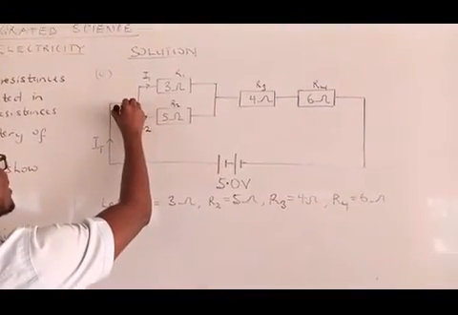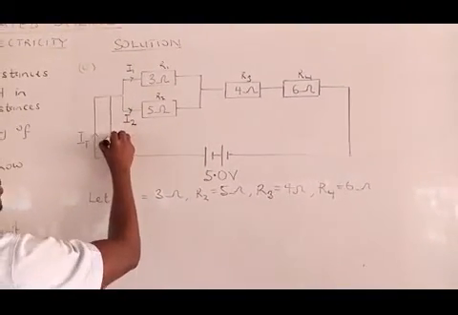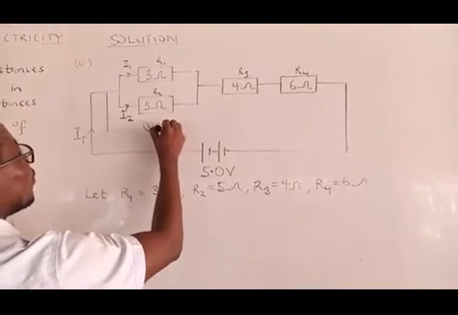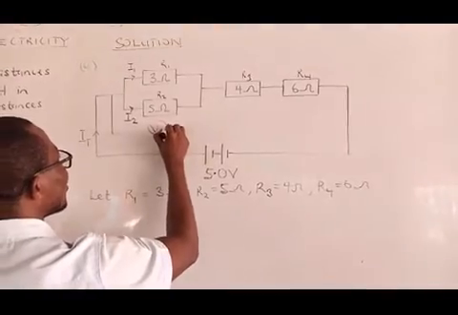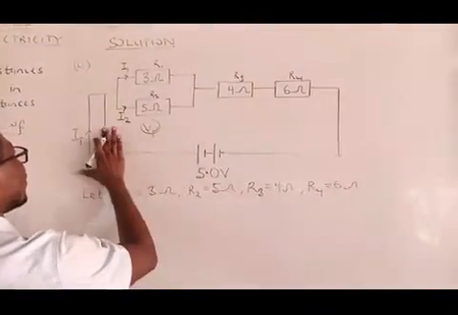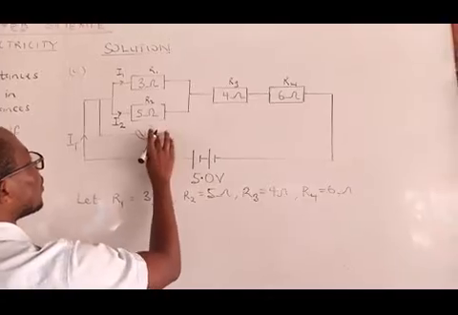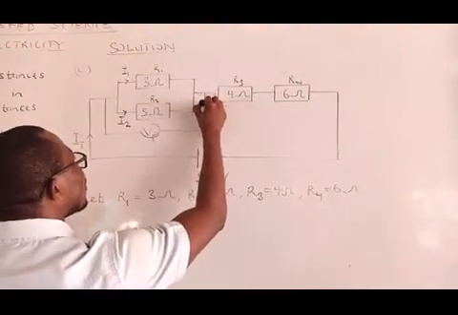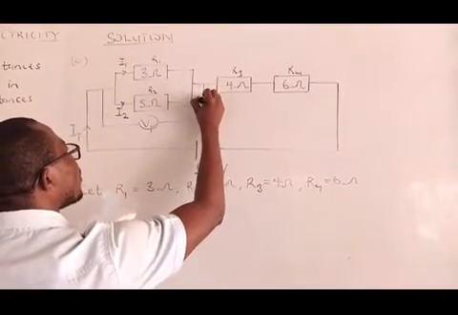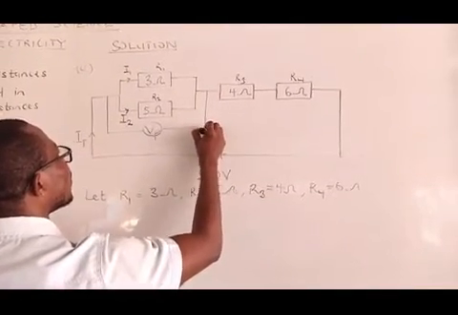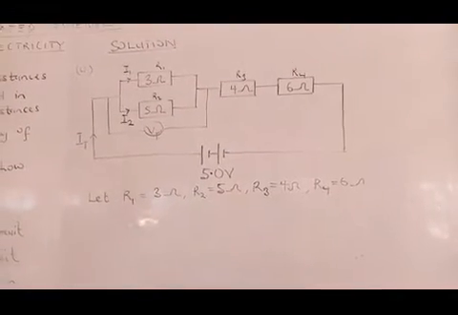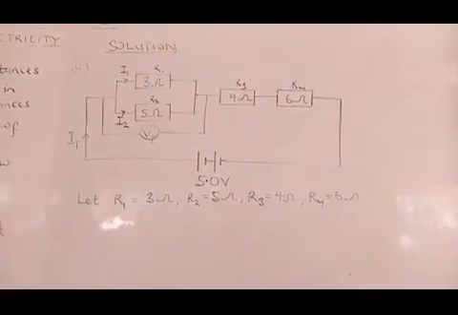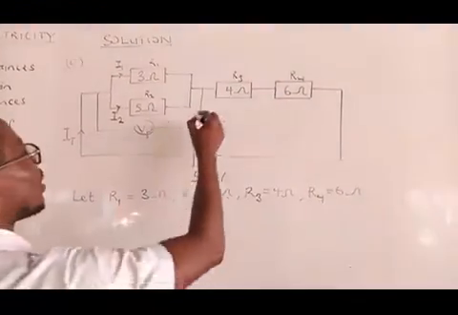Let's say that the voltage across this is Vp. So the voltage across the power resistors is Vp. And then as part of the question, the last question, you're supposed to determine the voltage across the 4 ohm resistor.